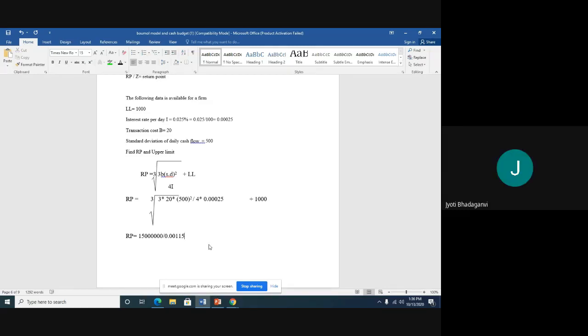Yes, ma'am. Now you have to find the cube root of this.